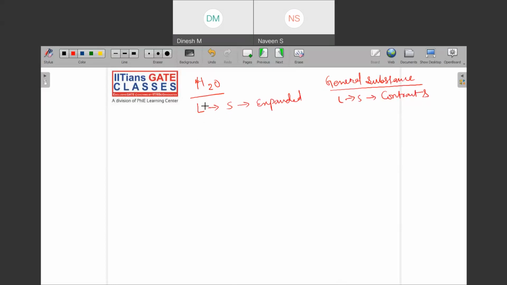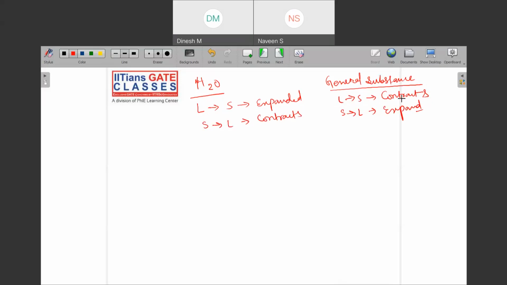And for water, from solid to liquid, it contracts. And for solid to liquid, for general substance, we have seen these things in nature, it would expand.